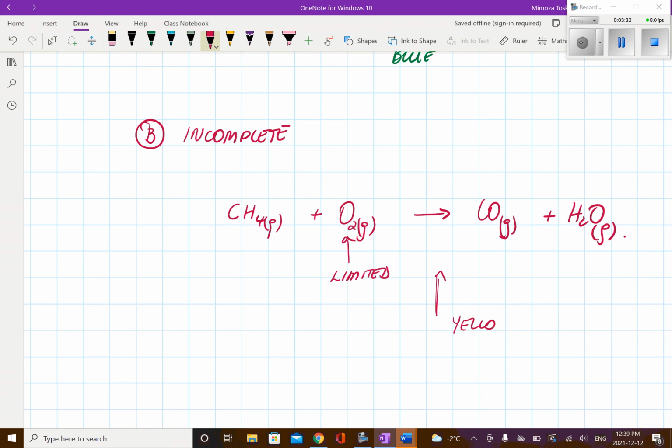Just for your information, carbon monoxide is a very dangerous gas because it doesn't smell, it doesn't have any color, and it's very dangerous. If you breathe it in the air, it goes into your blood and has the tendency to become carbon dioxide.